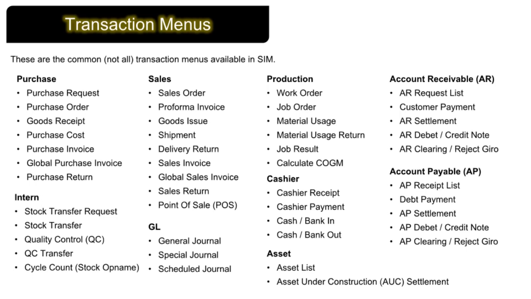For asset you will have asset list and asset under construction. For account receivable you will have AR request list, customer payment, AR settlement, AR debit or credit note, and AR clear in or reject giro. For account payable you will get similar menus as in account receivable. For details about these menus you can see other presentations.